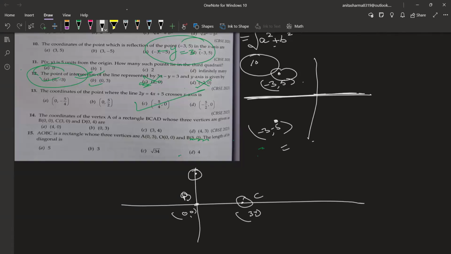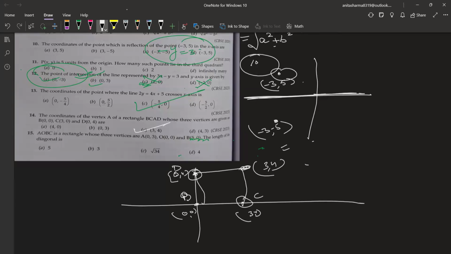And there's 0, 4. 0, 4 means this. So this is the D coordinate. And this is a rectangle. So now draw it. This D point is 0, 4. So this point will be 3, 4. Yes, ma'am. Option C.